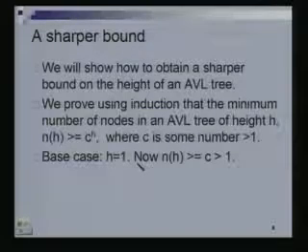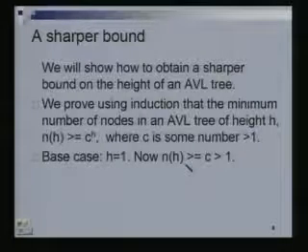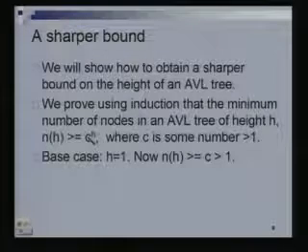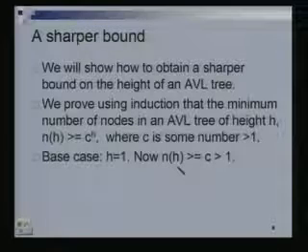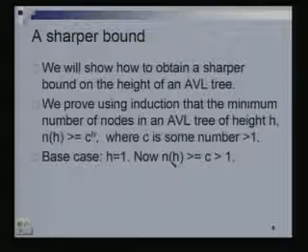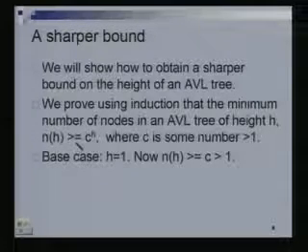H equals 1. n of h is 1. We want that. So this statement would be true at h equals 1, right? Just one second. What have we said? We've said that the number of nodes is going to be at least as large as some constant multiplied, c to the power h would be right.